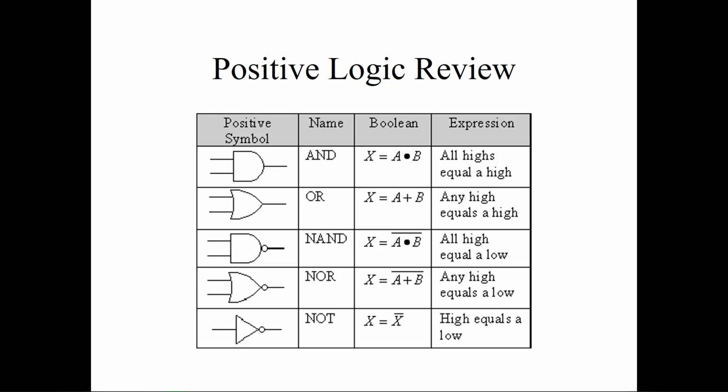So for these three right here, what you should know is that this means it's reverse logic. So instead of all highs equaling a high, as long as you have any low, you get high. Does that make sense?